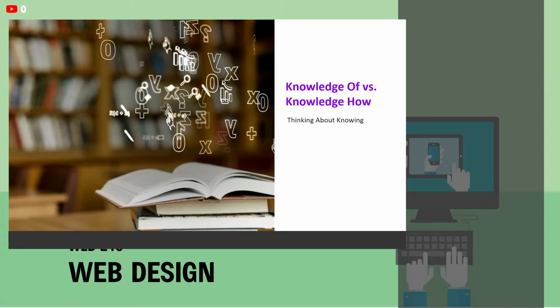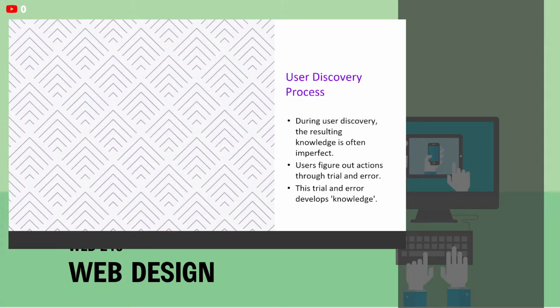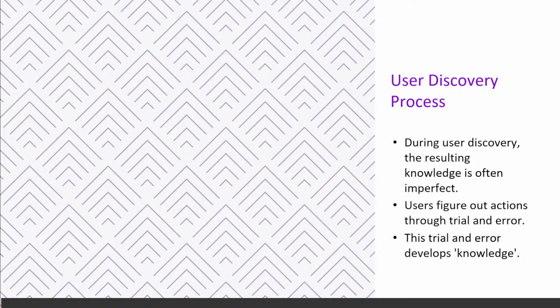And one of the big challenges in all of that is sort of bridging this gap between knowledge of and knowledge how. And so really when we're thinking about this process and we're thinking about discovery and how all that goes, right? The knowledge that we pull back from discovery is often imperfect, right?